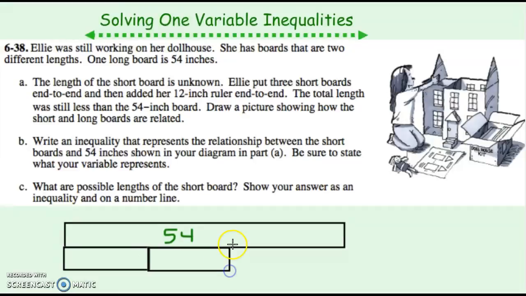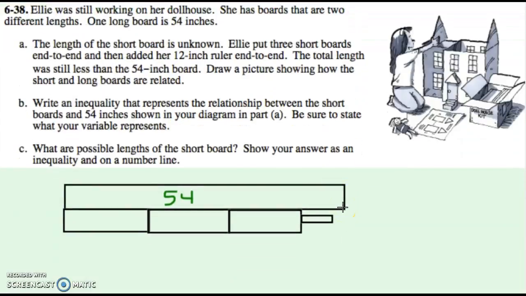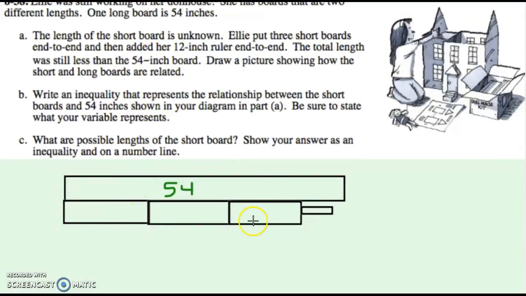So I'm going to draw 3 short boards. And then I have my 12-inch ruler that is still shorter than her 54-inch board. So that would be a picture showing how I have my 3 short boards and a ruler related to my 54-inch board.